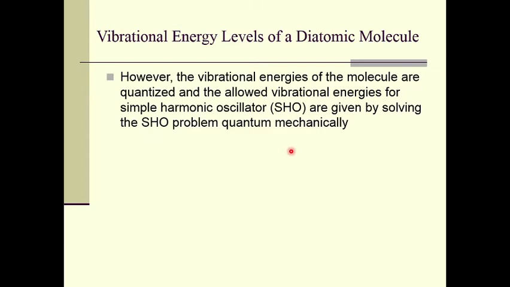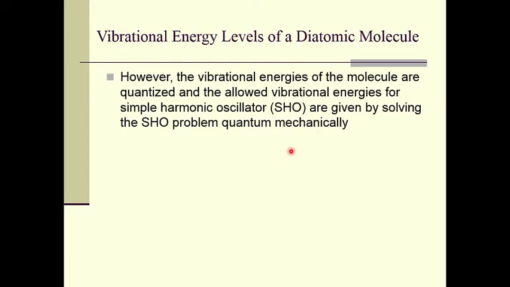The allowed vibrational energies of the simple harmonic oscillator are given by solving the problem quantum mechanically, and quantum mechanics tells us that the vibrational energies of the molecule are quantized. So what is meant by quantized? Quantization means that our energies are taking discrete values, right?